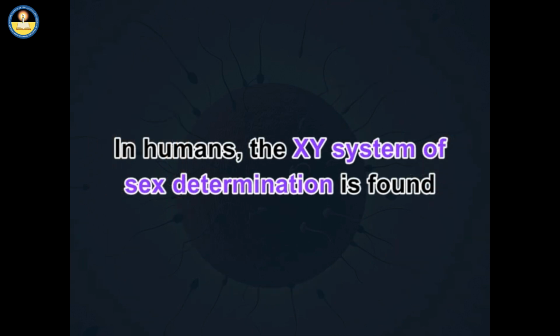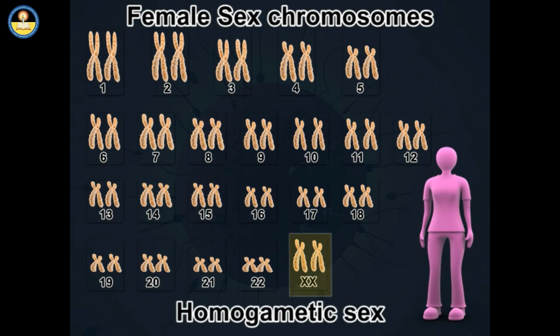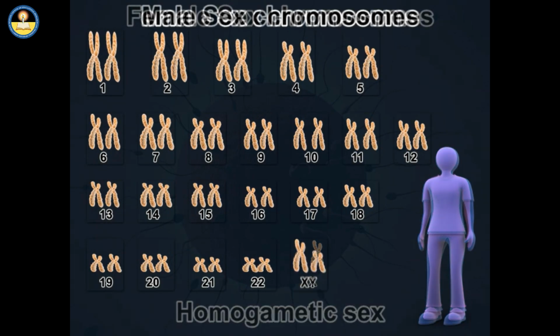In case of humans, the XY system of sex determination is found. The females have 2 of the same kind of sex chromosome, XX, and are called the homogametic sex.